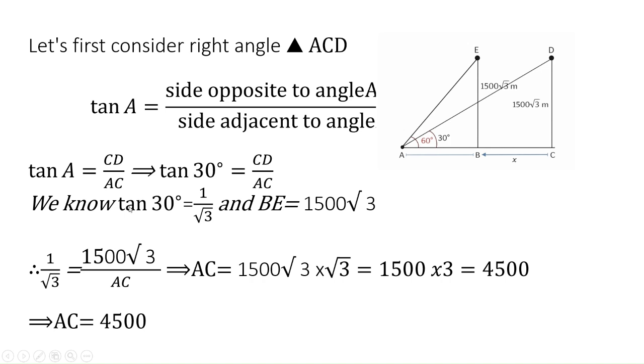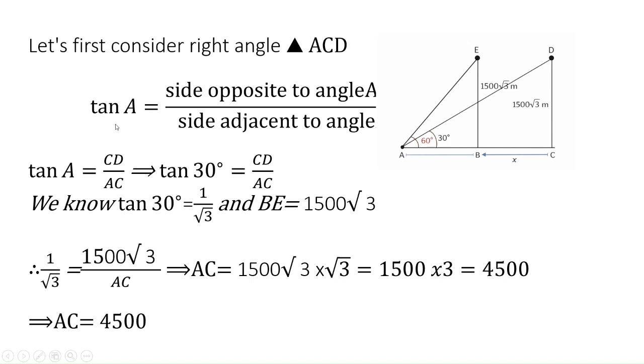But what do we know? Tan 30 is equal to 1 by root 3, and CD is equal to 1500 root 3. BE is equal to CD because both the heights are the same, it is given. So BE is equal to CD is equal to 1500 root 3.